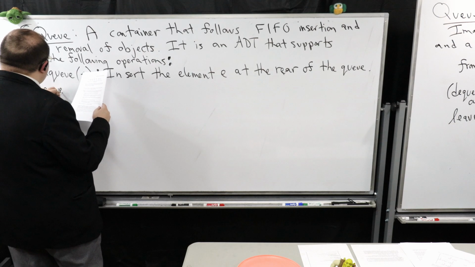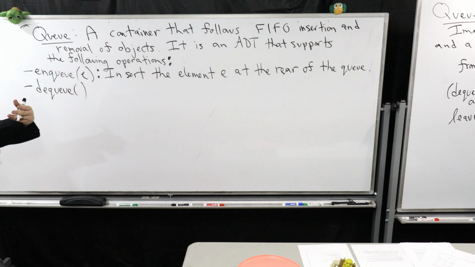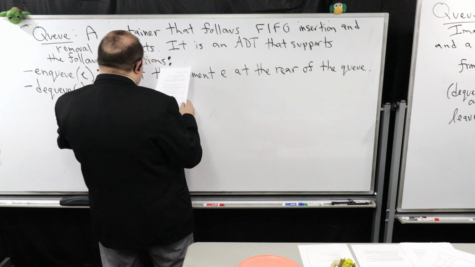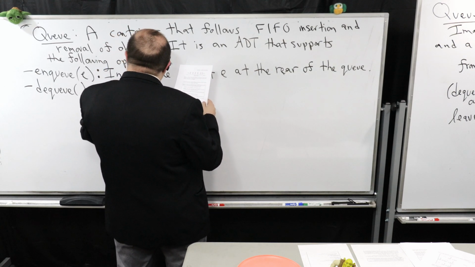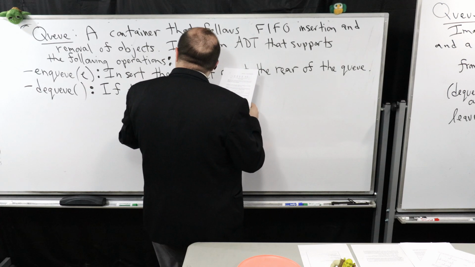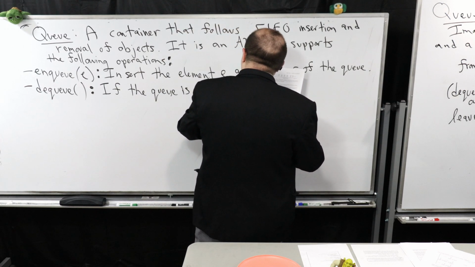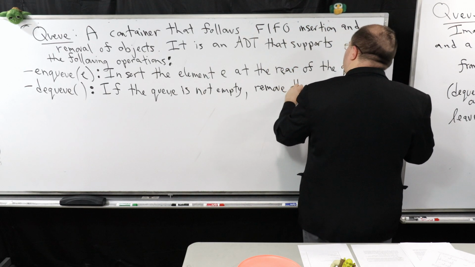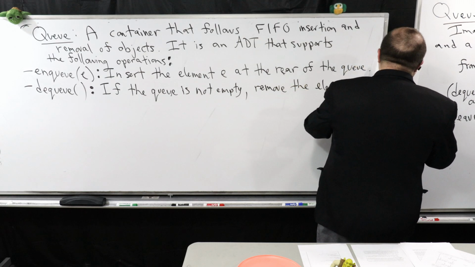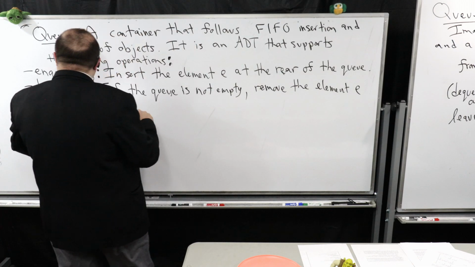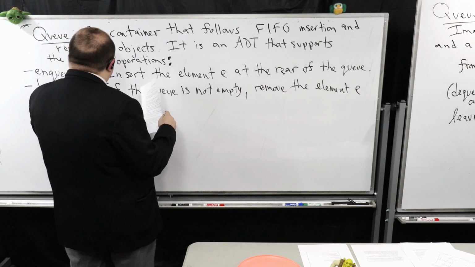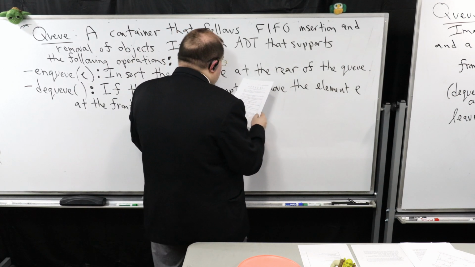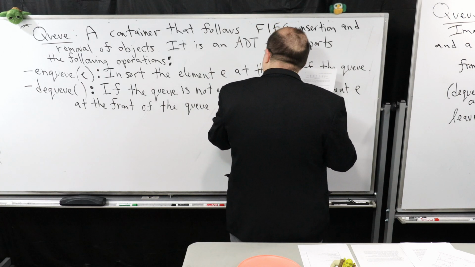Then we have dequeue. So you're going to see that enqueue and dequeue are very closely related to push and pop. That's the first thing I really want you to notice. Dequeue is just going to be, if the queue is not empty, remove the element E at the front of the queue, and return it.